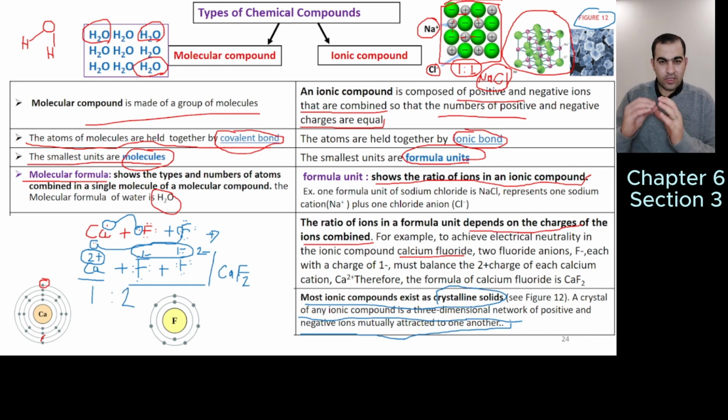That ratio is the smallest unit, which is called the formula unit, and it depends on the charges. Like in this example, calcium's charge is 2 positive, so there must be 2 fluorine, and we write the formula unit like that.